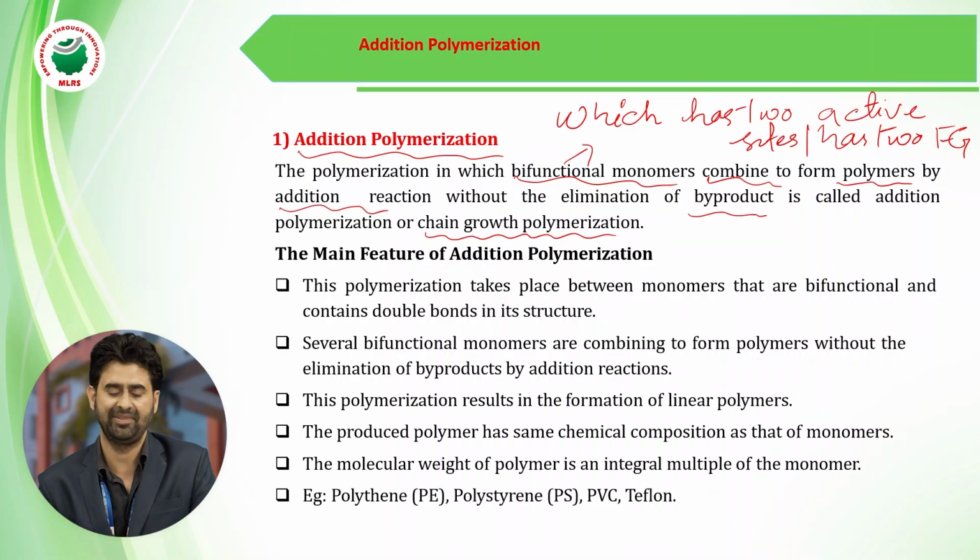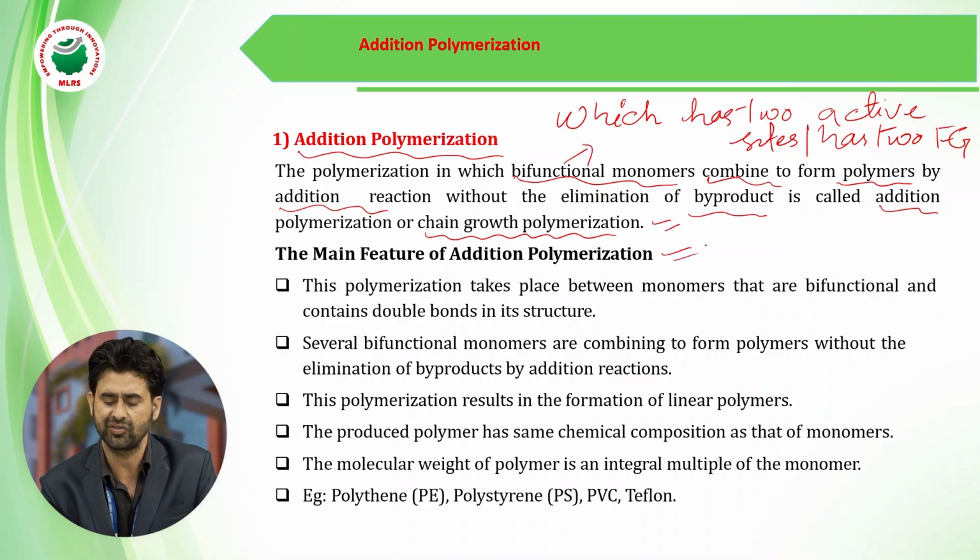So we can say the definition: the polymerization in which bifunctional monomers, having two active sites, combine together without the elimination of byproduct through chemical bonds and result in the formation of polymers. That process of polymer formation is what we call addition polymerization. It is also known as chain growth polymerization.